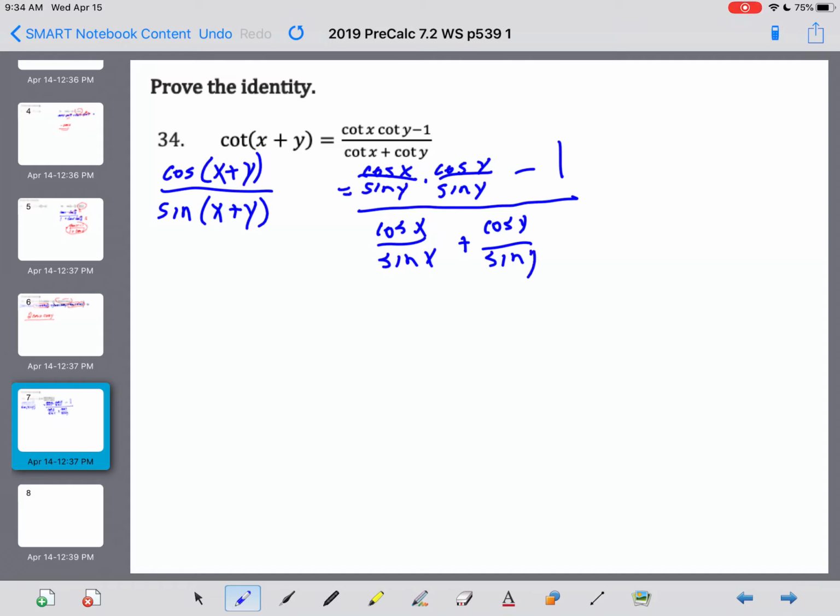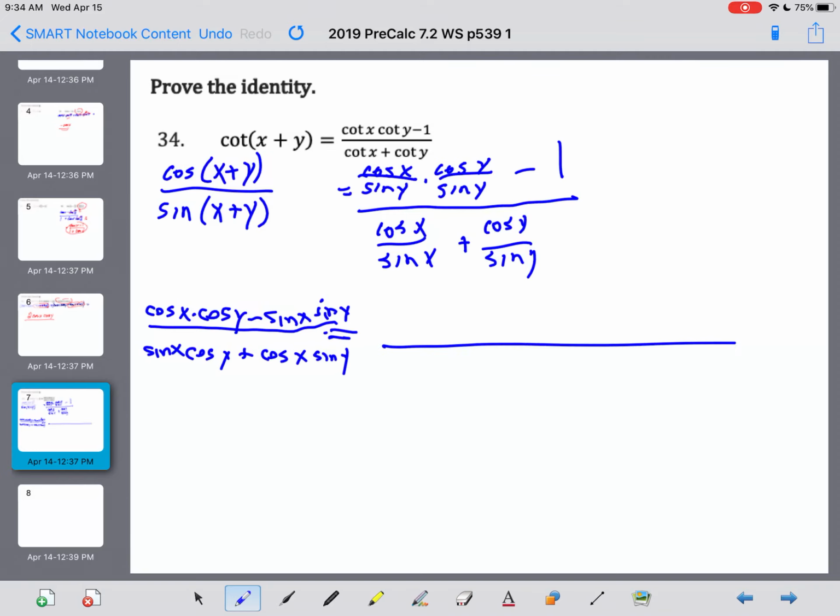So now, keeping the equal sign maybe over here, I'm going to go ahead and expand these out. Not much more I can do with that one here.